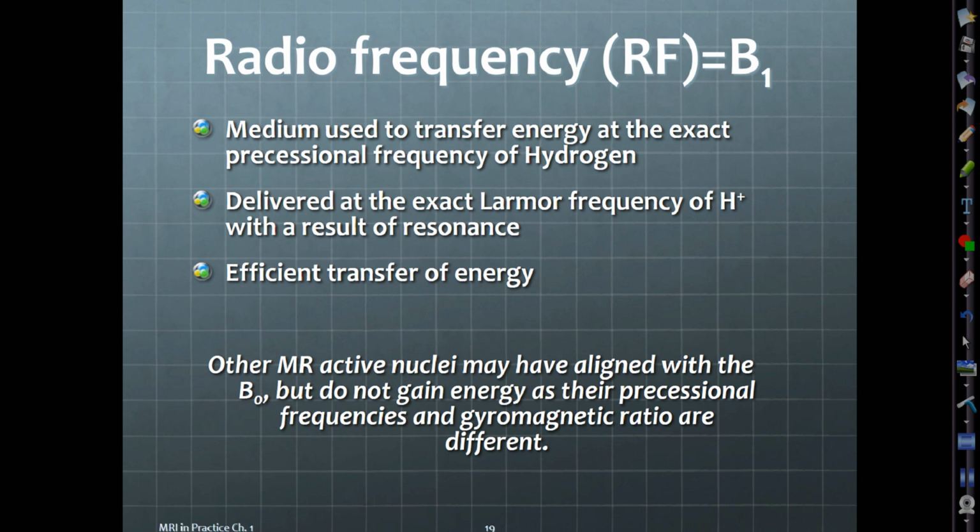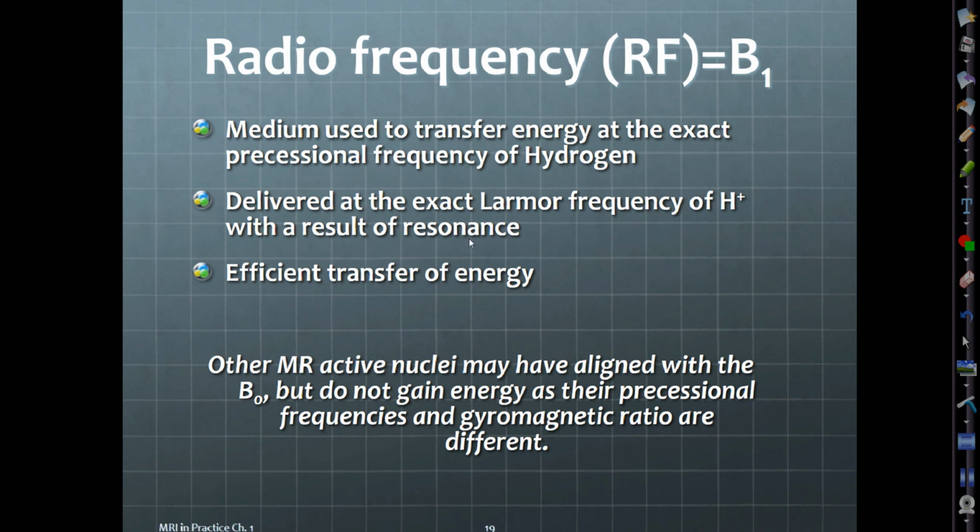All right, so let's talk about this B sub 1, this radio frequency pulse that we're applying. This is a medium used to transfer energy at the exact precessional frequency of hydrogen. It's delivered at the exact Larmor frequency of hydrogen with the result of resonance.